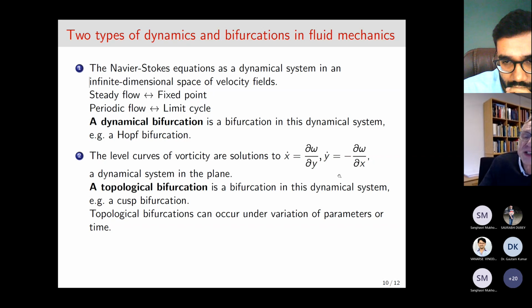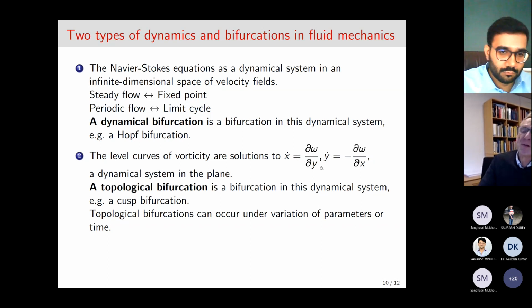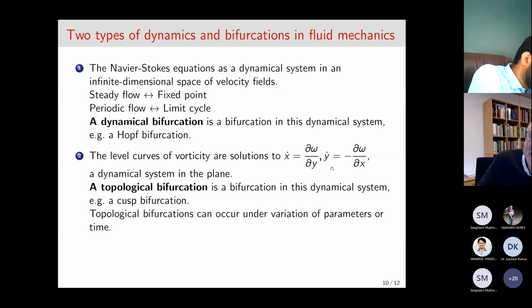So you can write this dynamical system in the plane as a dynamical system depending on time as a parameter, because for any fixed time, you may consider the topology of the vorticity field by solving these equations. So time does not appear explicitly, it appears only as a parameter in this system.